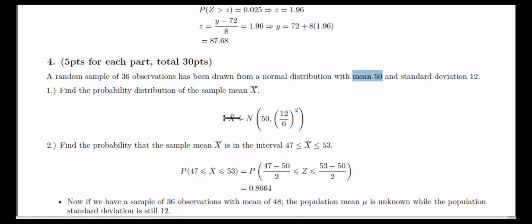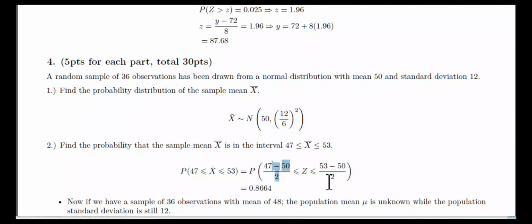So the sampling distribution for X bar also has a normal distribution with the mean at 50. The variance here you can see is 2 squared, because 12 divided by 6 is 2, so the variance is 4. When the variance is 4, the standard deviation is 2.